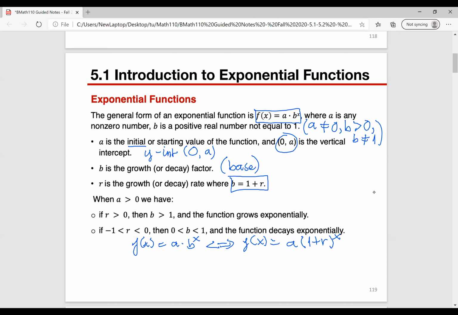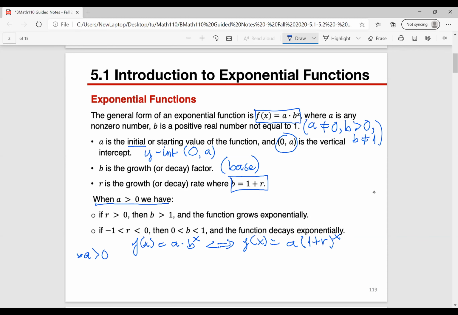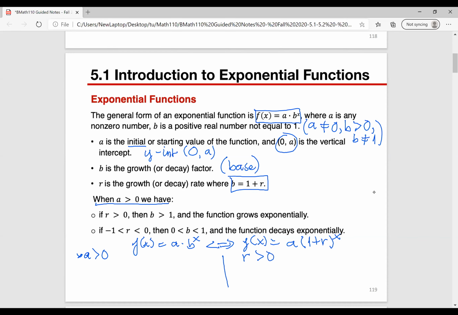All right, one more thing. When a is greater than 0, you have to remember that if r is greater than 0, and b is greater than 1, right?